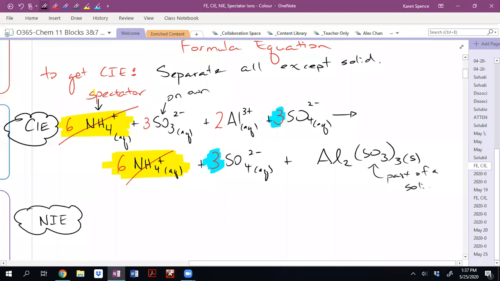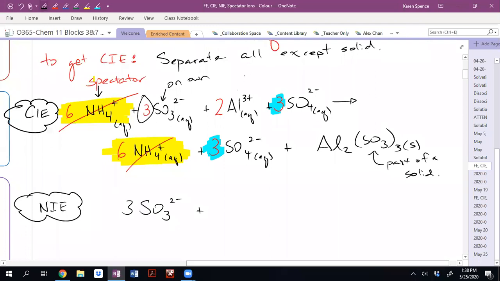So there has been a change of what chemical it is, and so it is a reactant. So we're going to write that as one of our reactants, SO3, 2 minus. How many do we have? We have 3 of them.